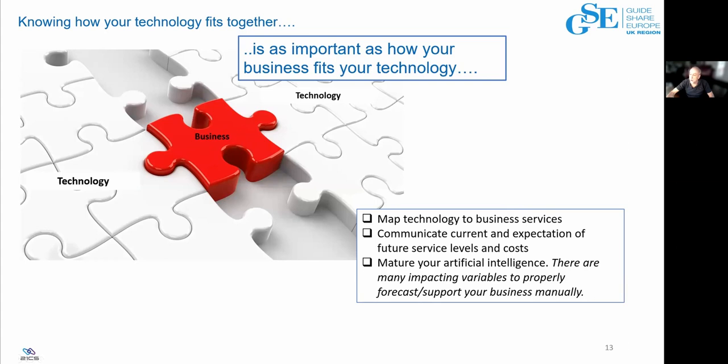It takes a lot of work, and application areas are constantly changing things up and maybe mapping different assets, so it's an ongoing thing, not a one and done thing. You have to have a process in place to constantly be doing this, then map those to service levels, and then mature your artificial intelligence, because there are a lot of pieces to the puzzle to figure out where your forecast should be and how you support your business.